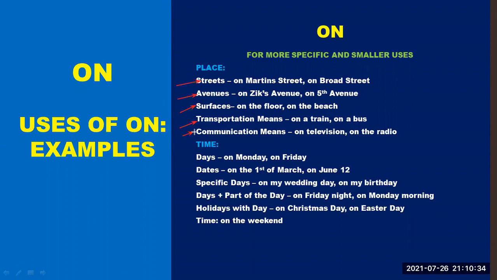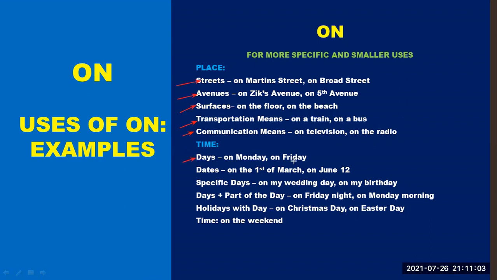Then means of communication, there you can use on for television, on television, on the radio, and so forth. Then looking at the time, you know, how we use on to talk about time. We use on to talk about days, such as on Monday, on Friday.